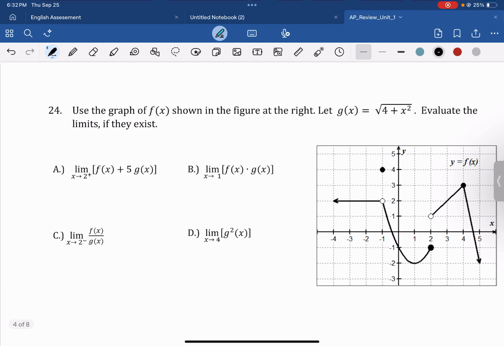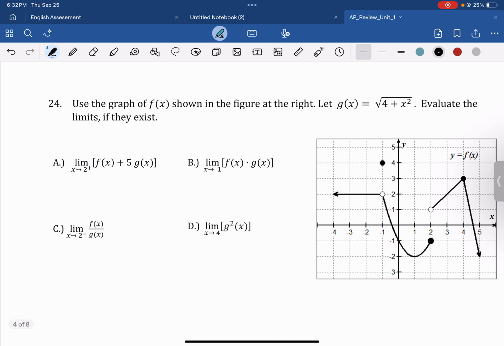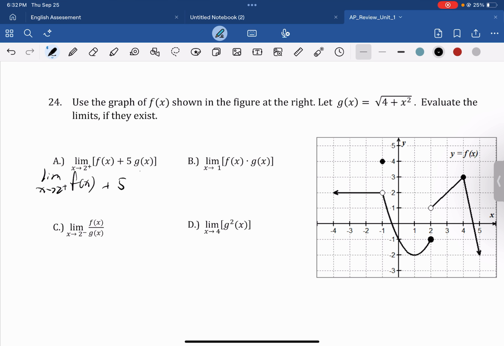So for this one, based on the limit property, we can rearrange it to the limit as x approaches 2 from the right-hand side of f of x, plus 5 times the limit as x approaches 2 from the right-hand side of g of x.